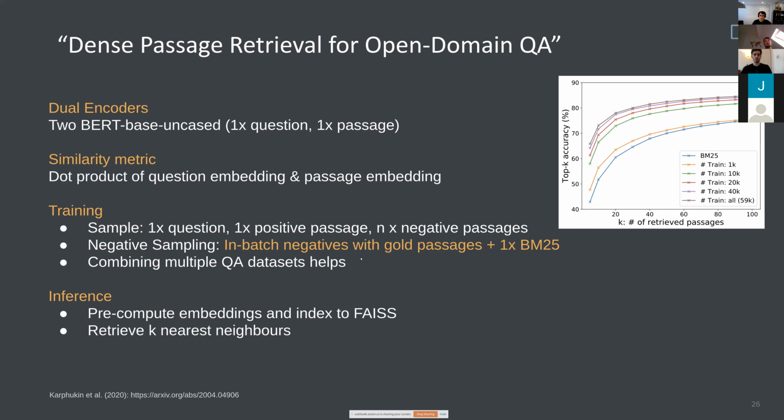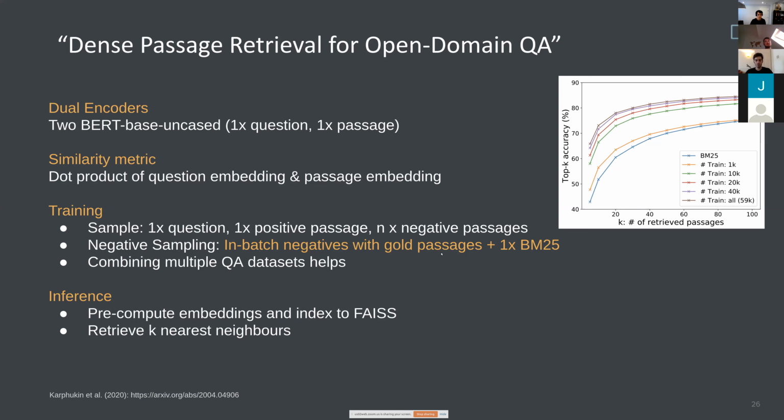In-batch means that, say, you have a batch of 100 question and passage pairs, and you can now reuse the other 99 passages in there as negative passages. So this is a very nice way of making this more efficient, in that you don't have individual negative passages, but rather reuse what you already have in your batch.